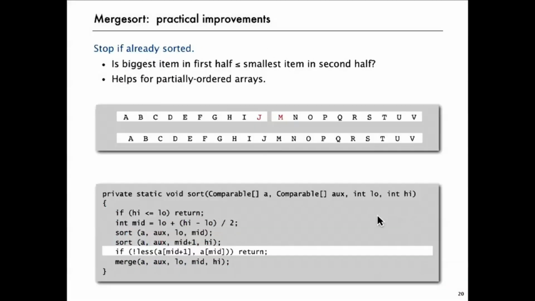A second improvement that we can make that'll improve the performance for cases when the array is partly sorted is to just stop if it's already sorted. And that's going to happen in the case where the biggest element in the first half is less than or equal to the smallest item in the second half. That means it's done. So that's easy.